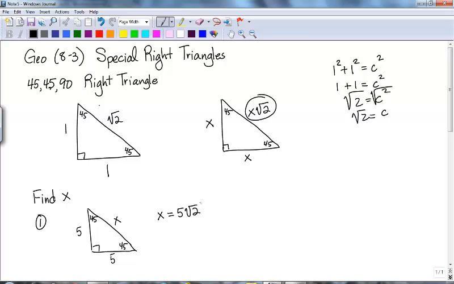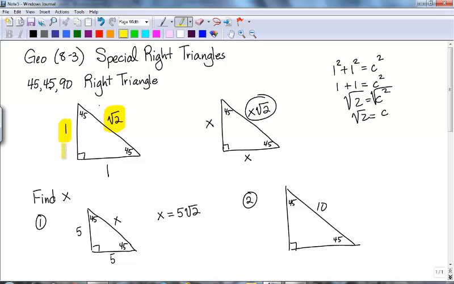If I give you the hypotenuse, say this was 10, and still a 45, 45, 90. Go back to this one. How would you get from this hypotenuse to this? What would you divide by? Divide by the square root of 2, right?